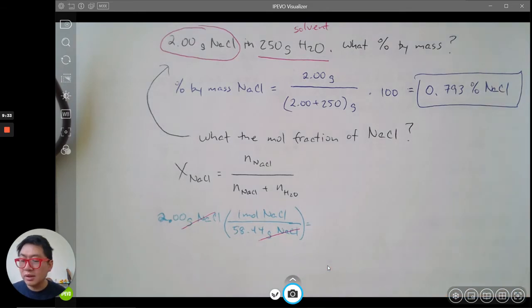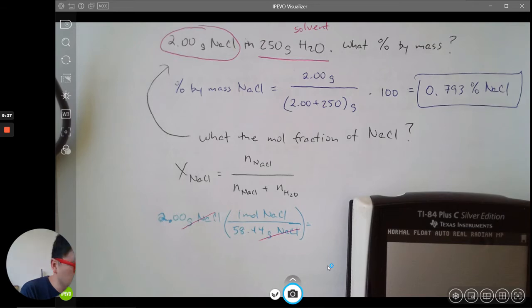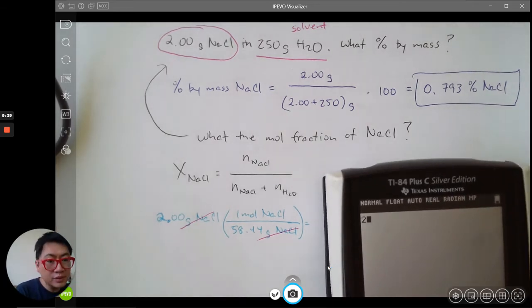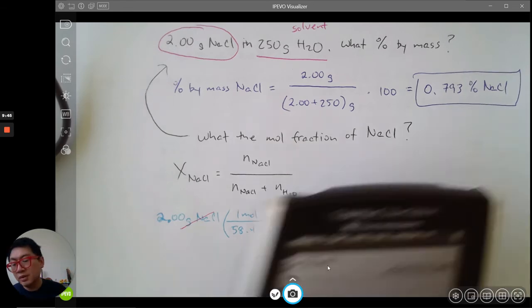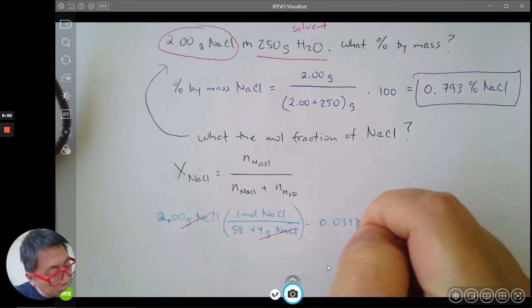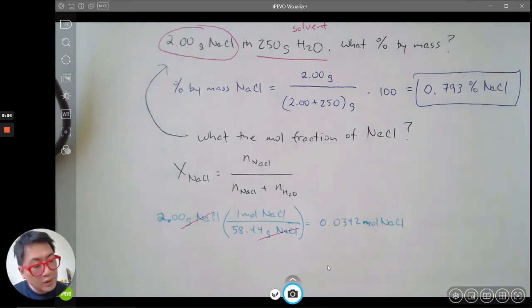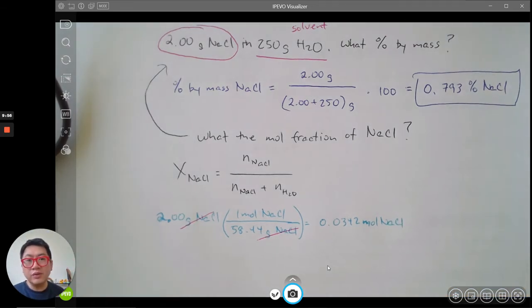I don't know what 2 divided by 58.44 is, but I have a calculator. 2 divided by 58.44 is 0.0342 moles of salt.